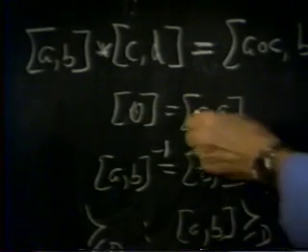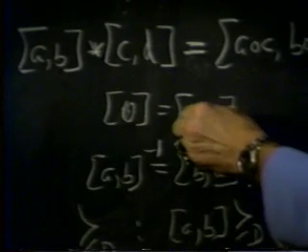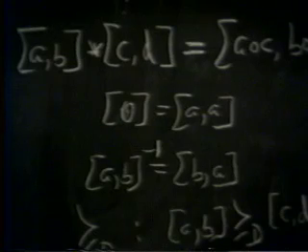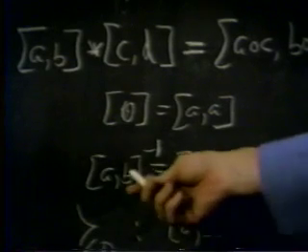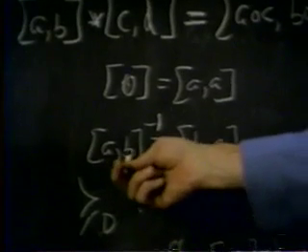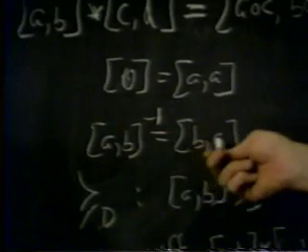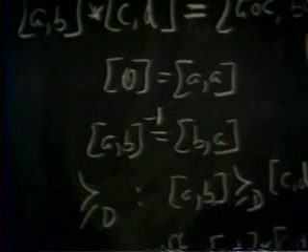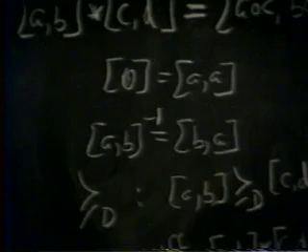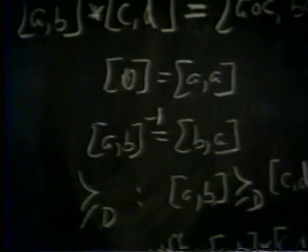The definition is that it's the equivalence class that includes the pair AA. That is the difference between A and itself. The inverse of the equivalence class including the pair AB is the reverse pair. That is, if we're thinking of a difference, we're just going to negate it and take the opposite order.